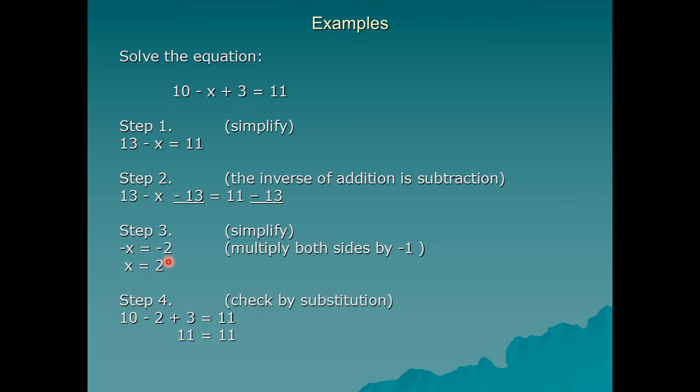If I multiply both sides by negative 1, this x becomes positive x, and automatically the right side changes too because you have to multiply both sides. Now my x equals 2, and that's my solution. In step 4, we actually show you verification: you plug it back into the original equation to double check whether you did it right. That's an optional step, but if you want, you can always double check.